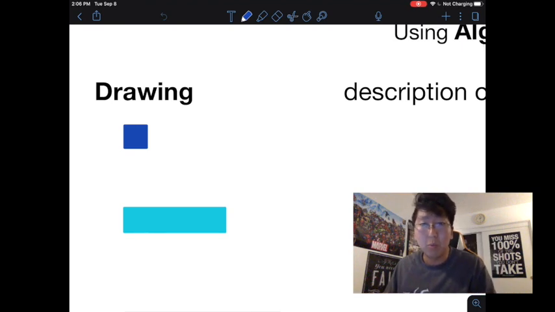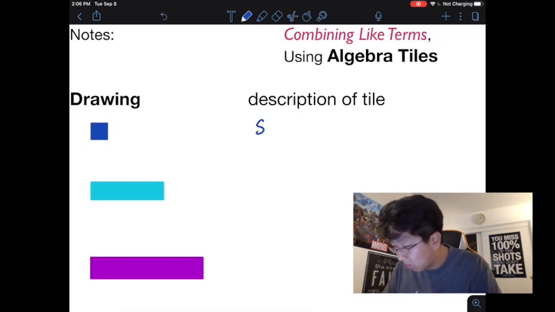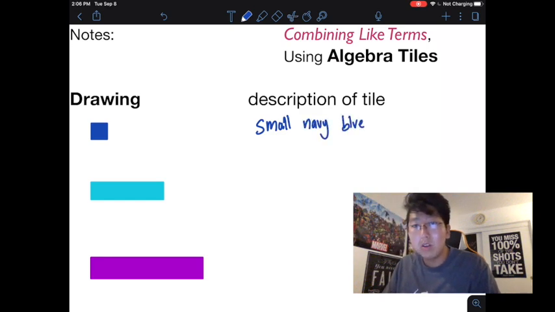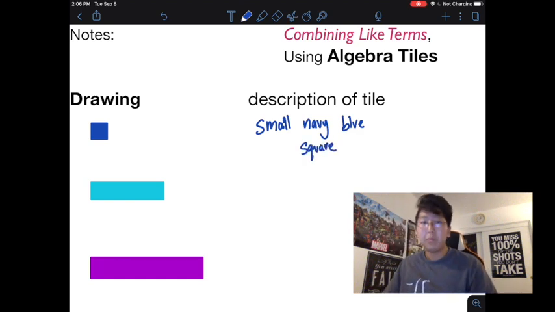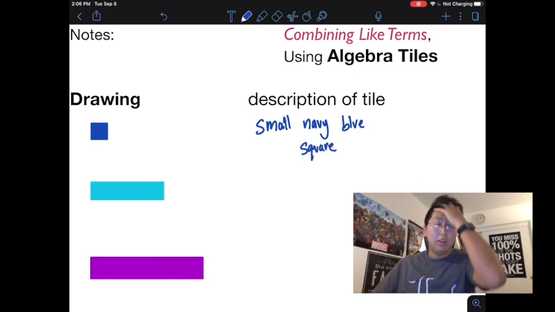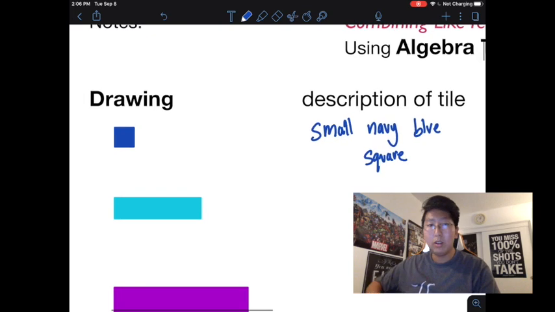We are going to say that it is a small navy blue square. So here we have a small navy blue square.